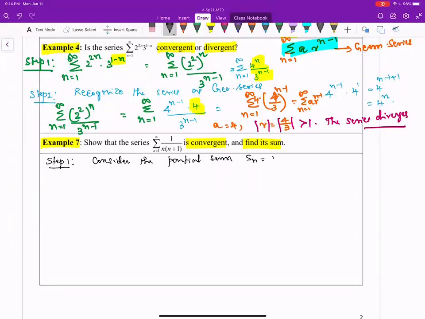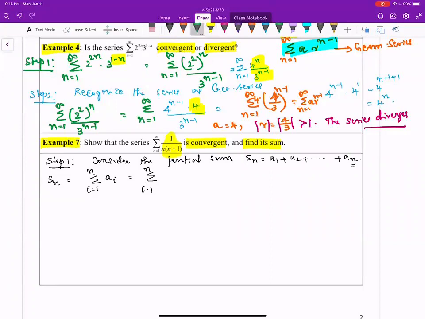Sn, the sum of n terms, is a1 plus a2, a3, and so on up to the nth term. So we can write Sn as sigma i varying from 1 to n of a sub i. We are adding n terms. So what is a sub n? It is the expression without the sigma in the problem.